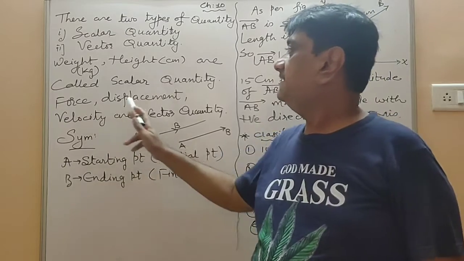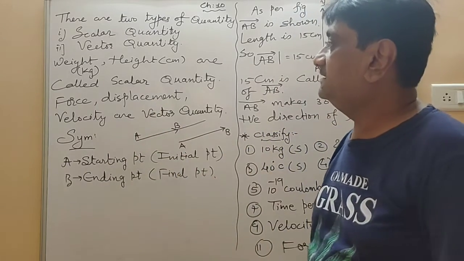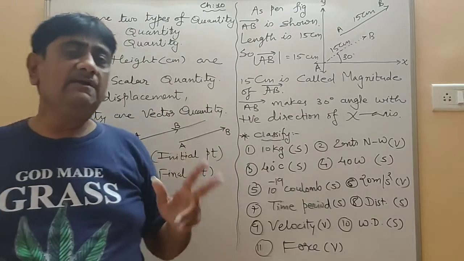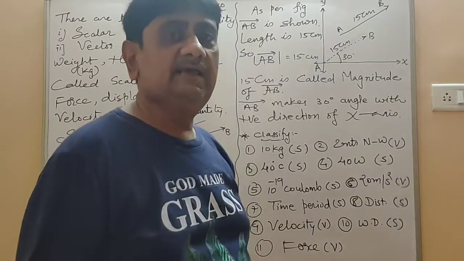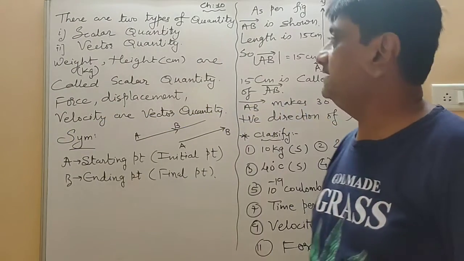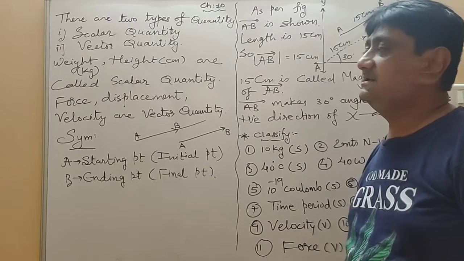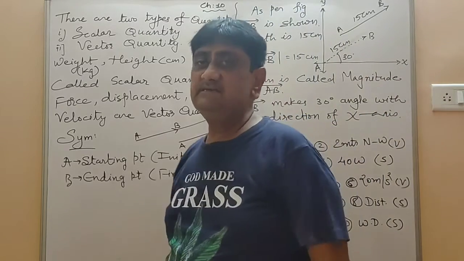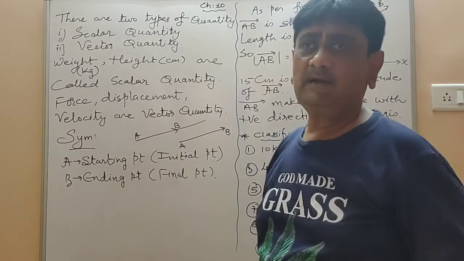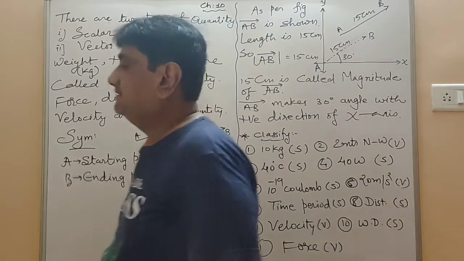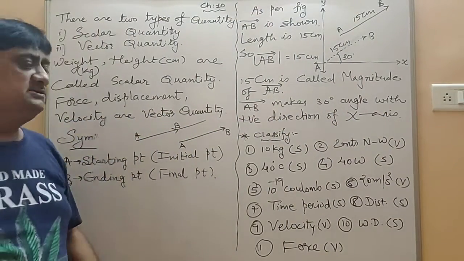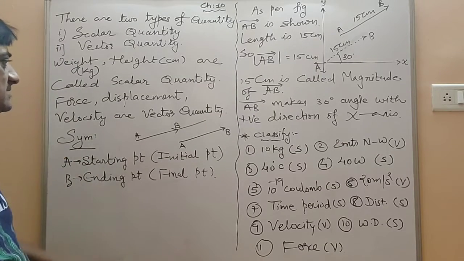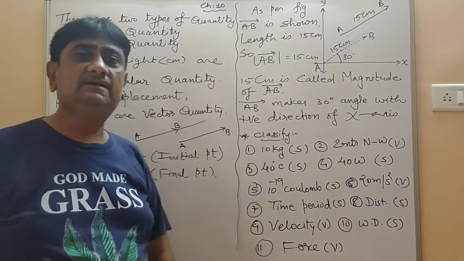So force and displacement are called vector quantities. In a scalar quantity, only magnitude is there, like kg, centimeter, meter, grams, and a vector quantity has a specified direction. These are the examples of each quantity.